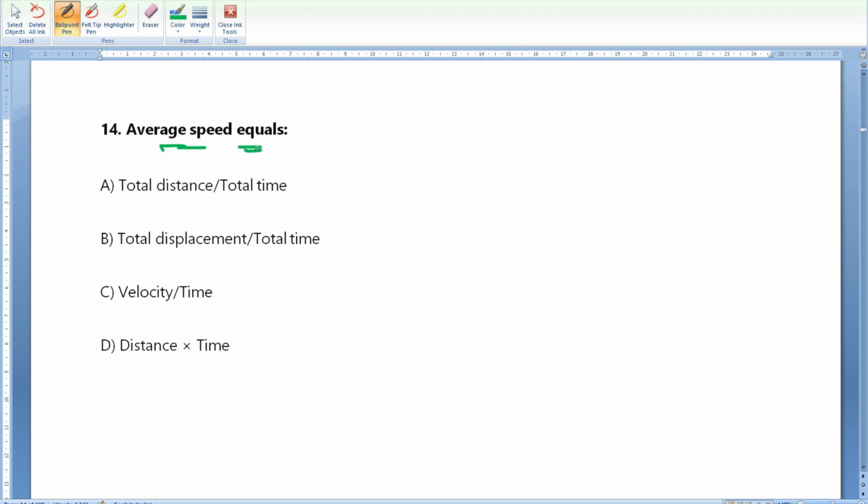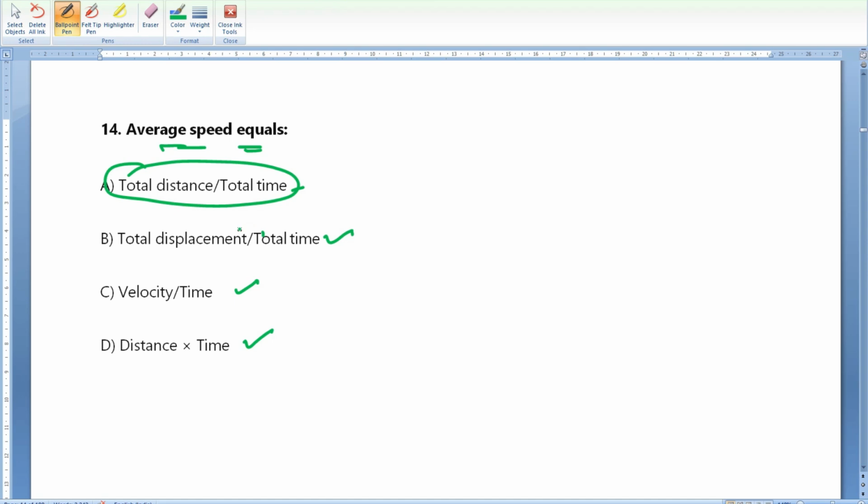Average speed equals what? Total distance by total time, total displacement by total time, velocity by time, or distance into time. Average speed means total distance divided by total time.